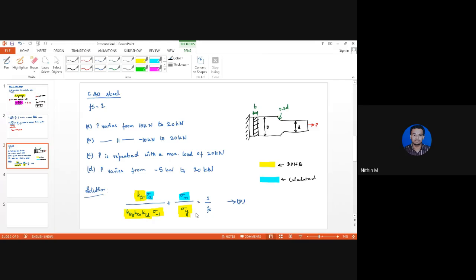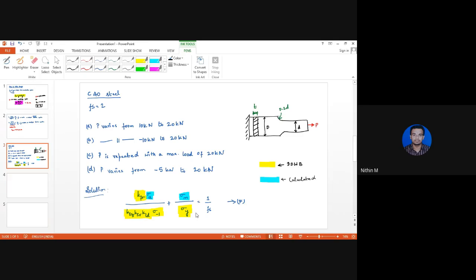Table 1.6 is present on page number 1.21. Am I audible? Yes sir. Okay, fine. So open table 1.6 on page number 1.21.